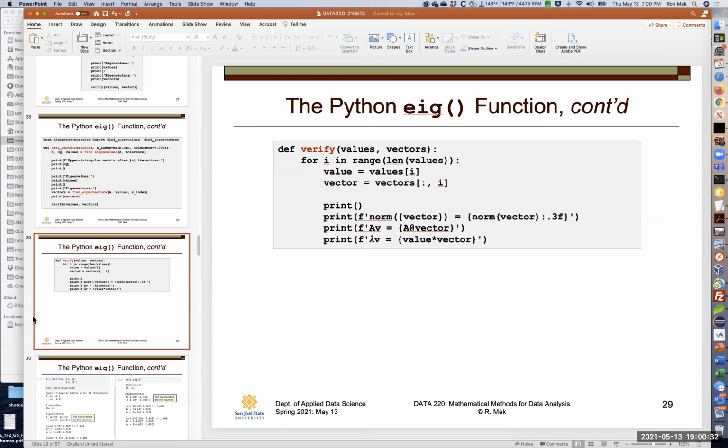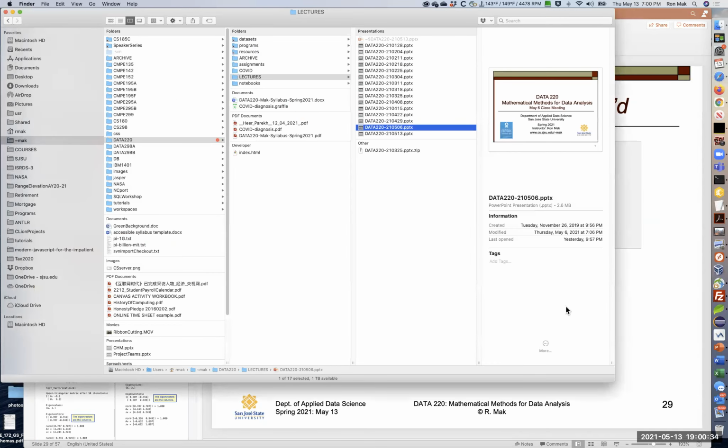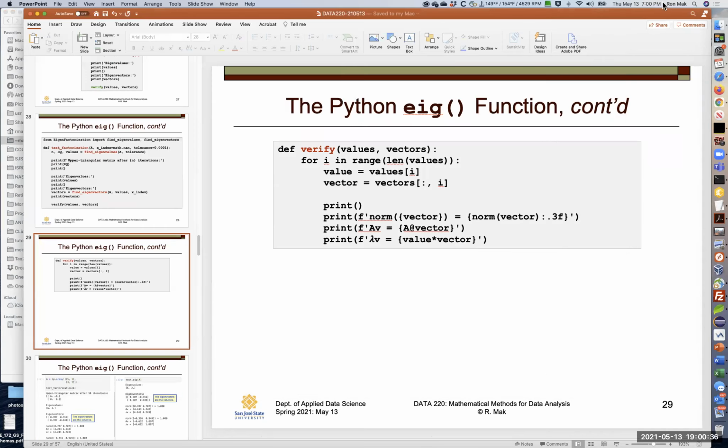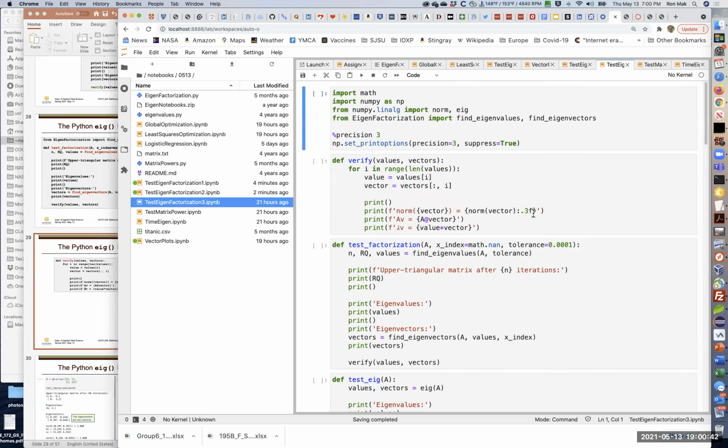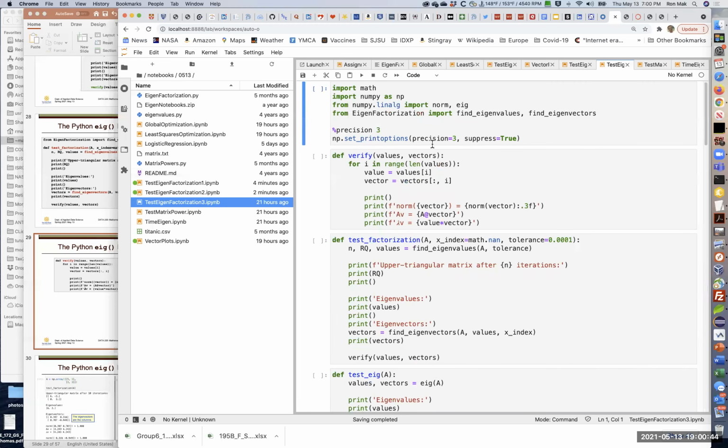So let's take a look at that notebook. That was eigen number 3. You can see where this is coming from.